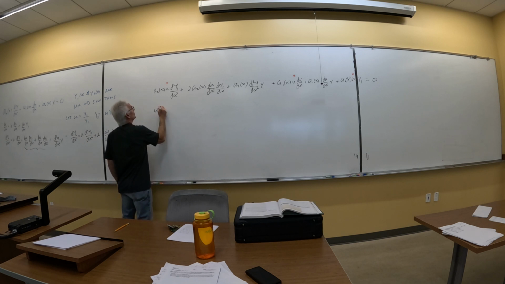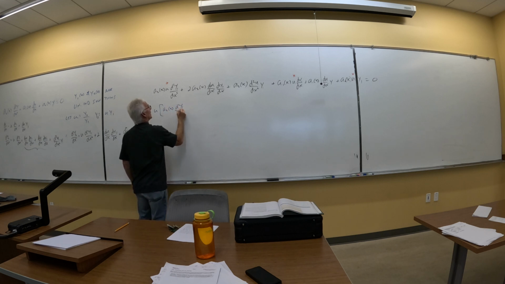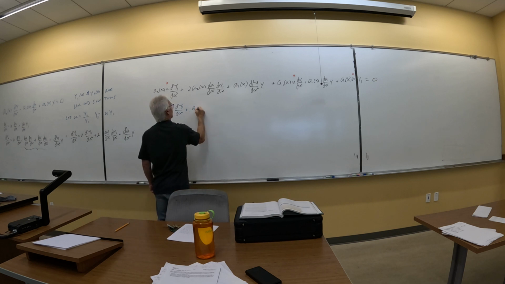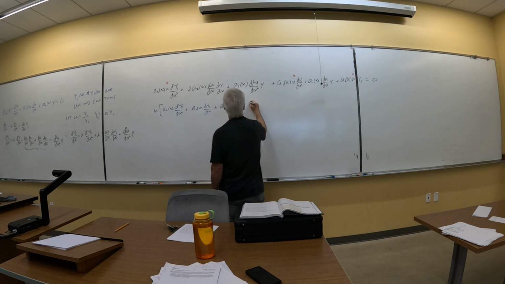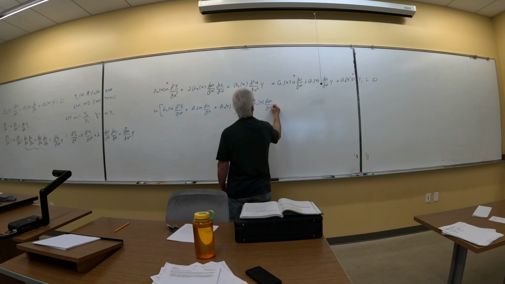So then I'd have u times a2 of x d squared y1 dx squared plus a1 of x dy1 dx plus a0 of x y, and then plus everything else that's left. Boom. A lot of writing, I know.